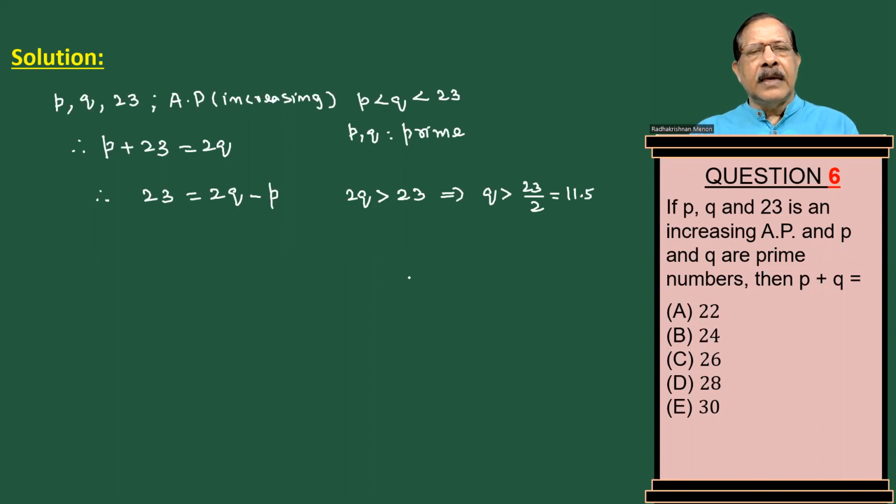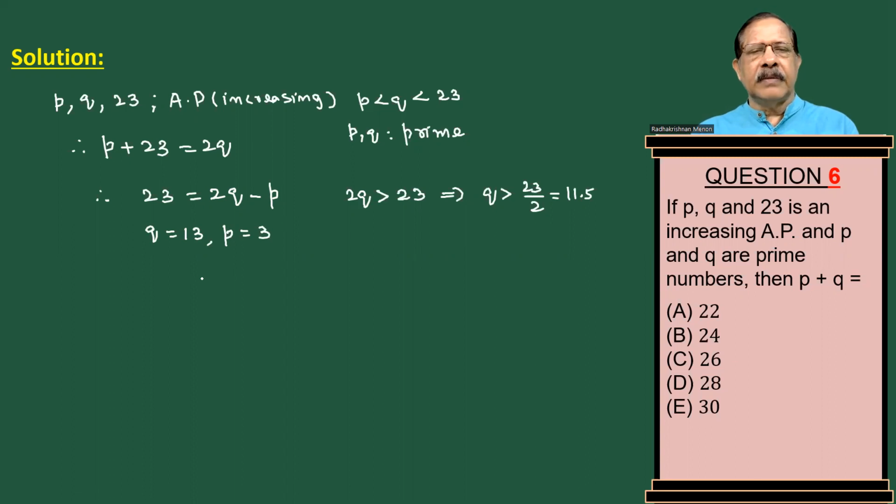Now let us consider prime numbers which are greater than 11.5. So 13. Q is equal to 13. Then p is equal to what? 13 into 2 is 26, minus p equals 23.